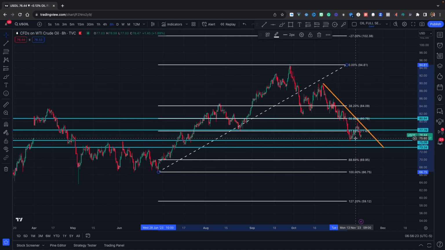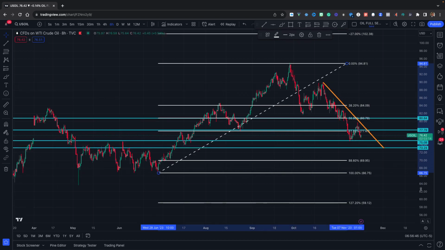So we have done a nice sizable retracement on this swing up on this 8-hour chart. I'm going to keep the fib levels here on this 8-hour chart because they also pretty much align with the exact same zones that we are talking about, other than the ones in the middle that are some intermediate zones.